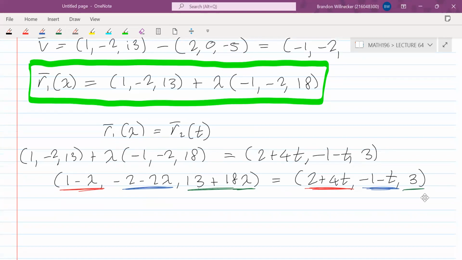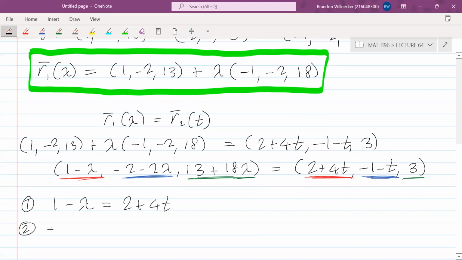Now, if these two vectors are equal, then each of the components must be equal. So that gives us 3 equations to work with. The first equation: 1 minus lambda is equal to 2 plus 4t. Equation 2: -2 lambda is equal to -1 minus t.